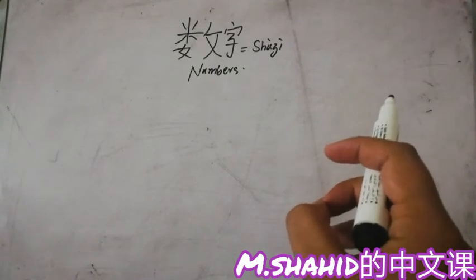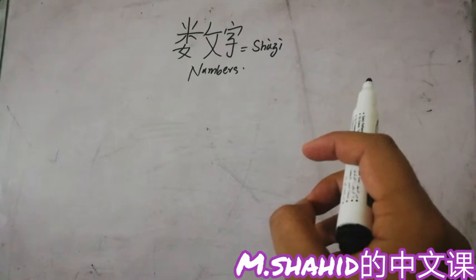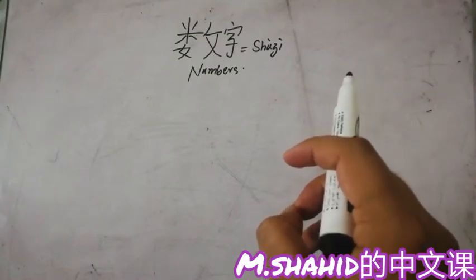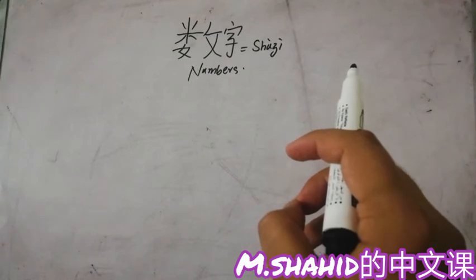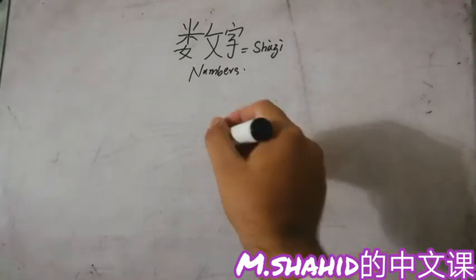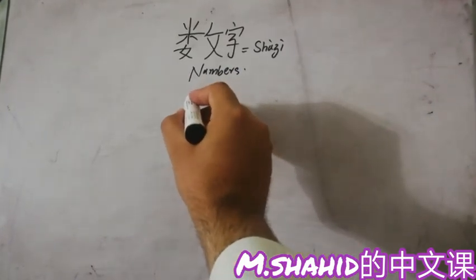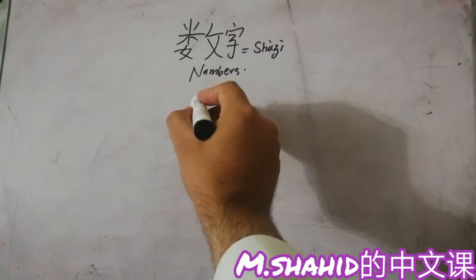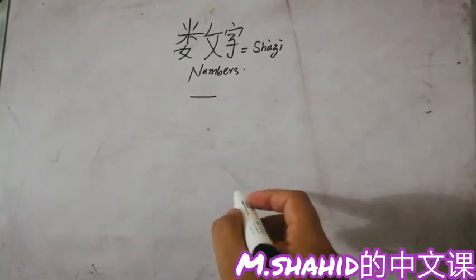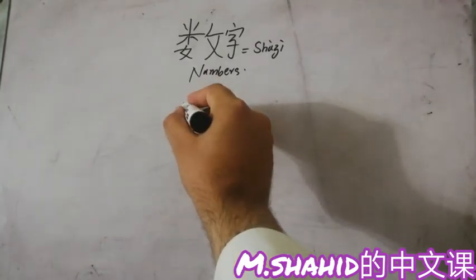I made a small mistake in the previous video in writing the number 0, so I will correct it now and clarify it so that the learners will not have confusion about writing the number 0. For the number 0, I left out one stroke named Heng.